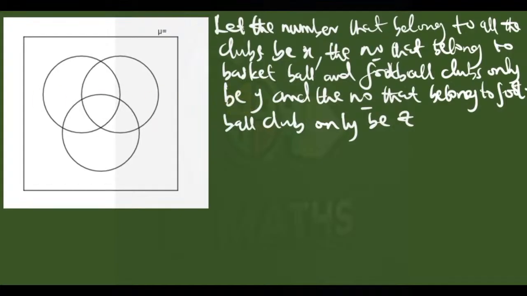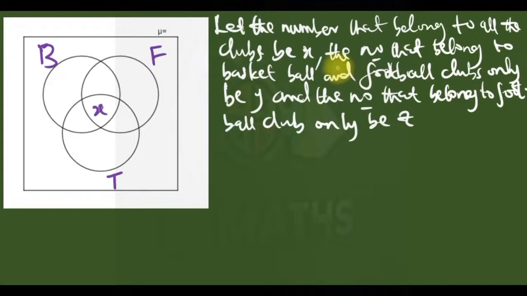So let's label our diagram. So let's call this basketball, let's call this football, and let's call this table tennis. So we say let the number that belong to the 3 clubs be X. So let's call it X.